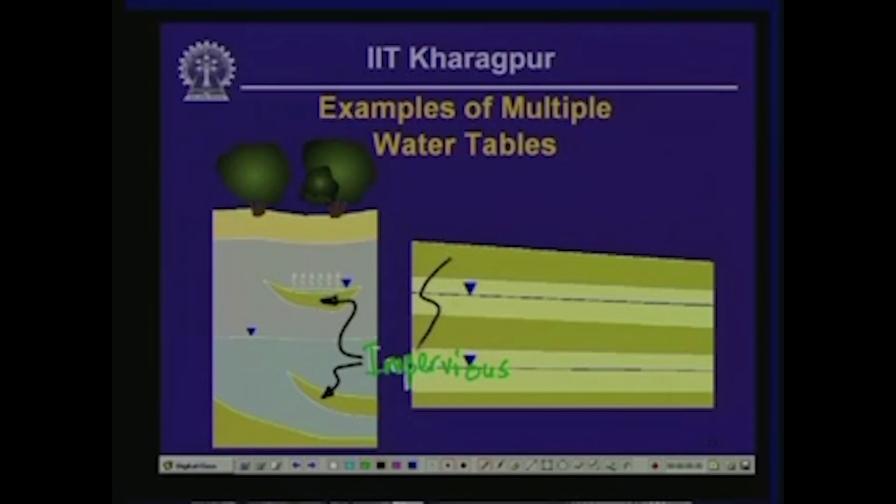And on the impervious layers might be supported an isolated source of groundwater, and this type of groundwater is called perched groundwater, perched water table, that is.